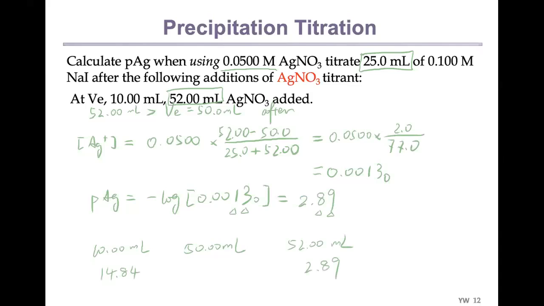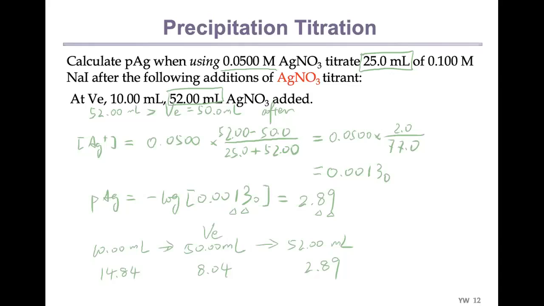Okay, so if we write all the pAg together, still remember at the equivalence point, we have 8.04. So starting from 10 milliliter to 50 milliliter, which is the VE, pAg is about 8. And then before VE, you can see that the pAg number is relatively large, meaning that the concentration of silver is actually very low, right?